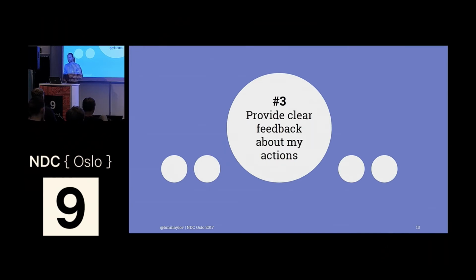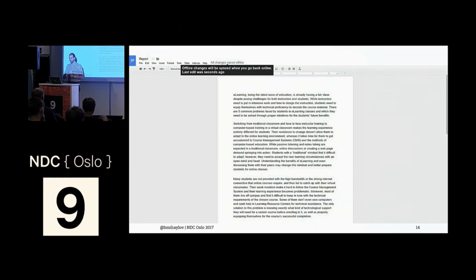In this example, while I'm working and trying to save, there is a message saying, hey, you're offline, but don't worry, we have saved your work offline. So you don't have to worry because your things are not lost. This feedback makes me feel safe as a user, knowing that all my time and effort is saved.